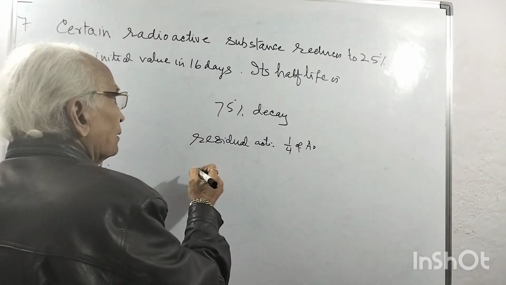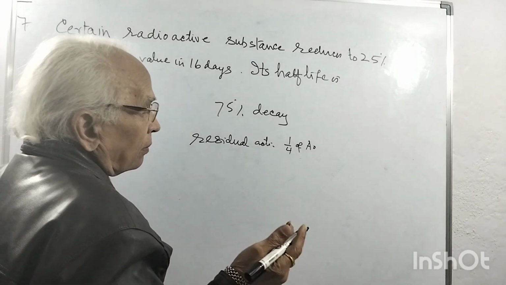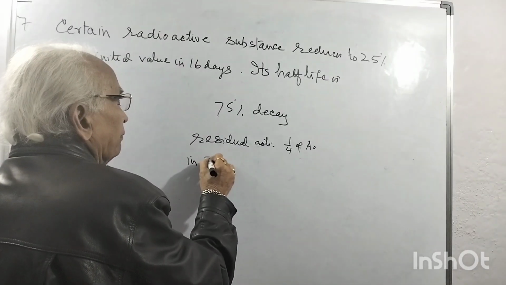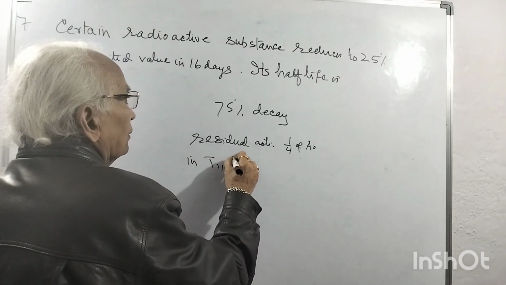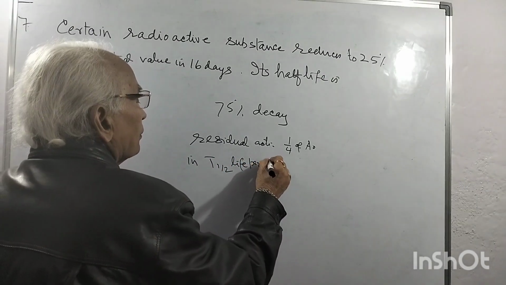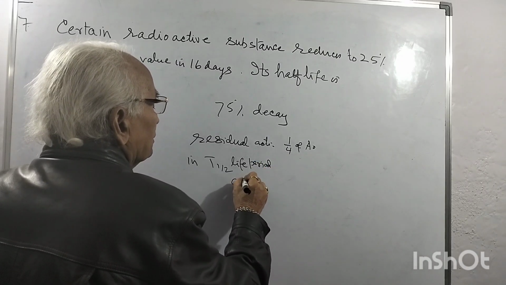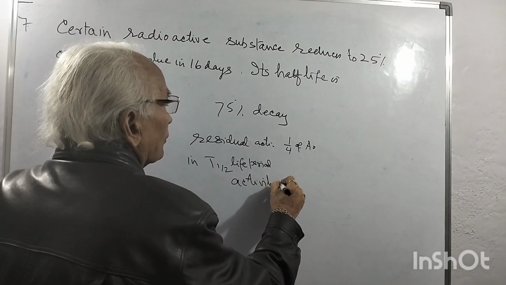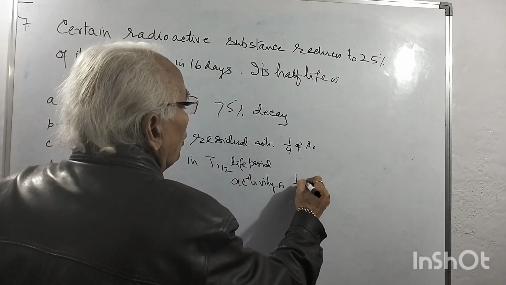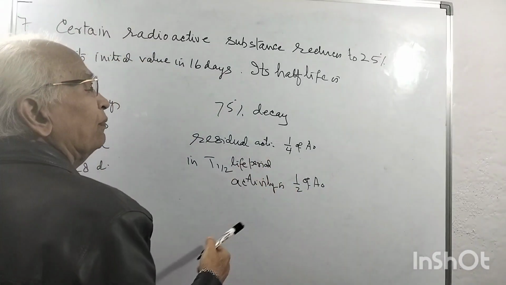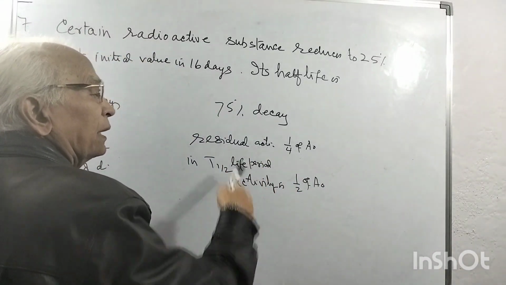Common sense is that in one half-life period, activity is 1 by 2 of A naught. Here it is 1 by 4 of A naught.